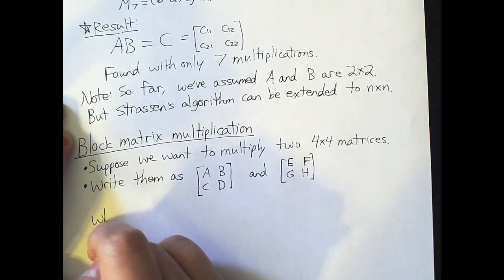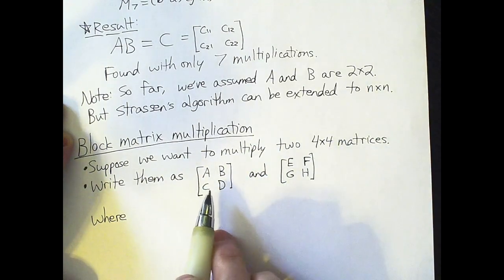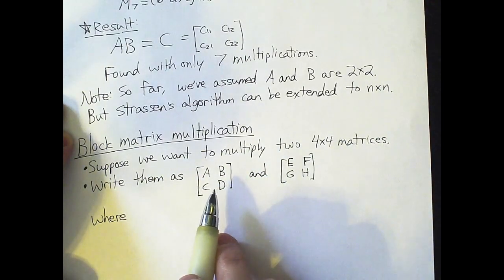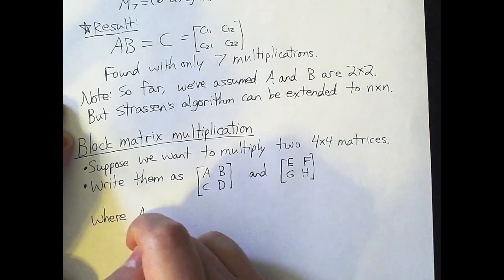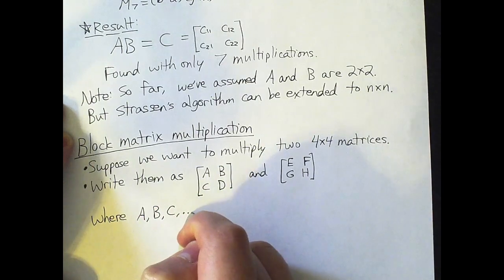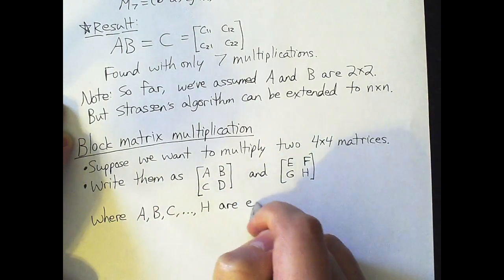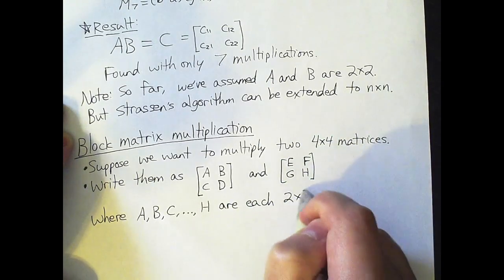Well, we're going to write these 4 by 4 matrices so that they look like this, where the uppercase A, B, C, all the way up to H are each 2 by 2 matrices.